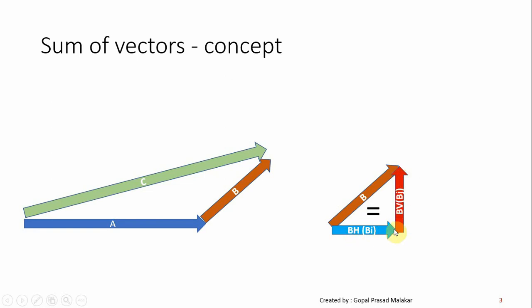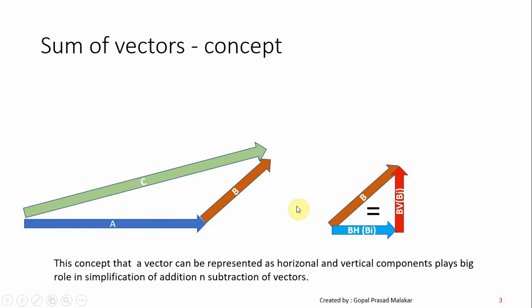So if there are two vectors, Bi and Bj, that will give you the resultant vector B. The way you can represent A plus B as C, similarly B can be represented as Bi plus Bj. That's a very important concept because it makes a lot of computation very simple going forward, which you will understand when I show you the workout example.